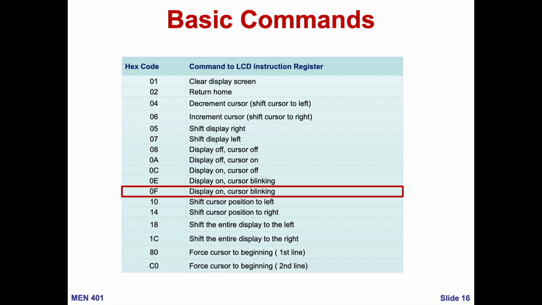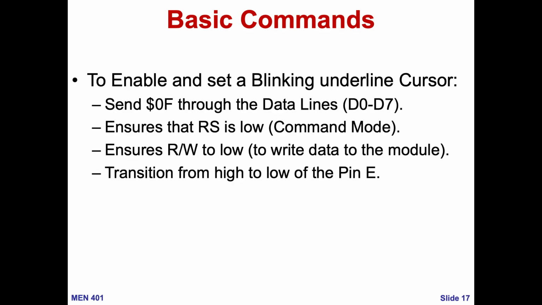I will take one example. Let's take this example, which is display on, cursor blinking. So what should I do? Look at the steps that should be done. First, I should enable and set a blinking. I should send 0F through the data line. That should ensure that register select is low, because it is a command, it's not data.